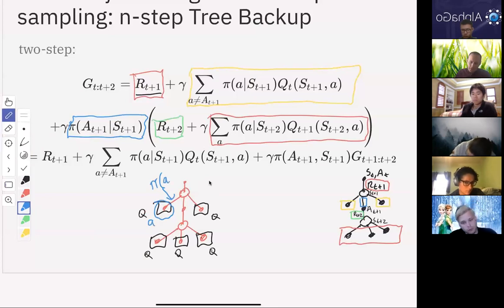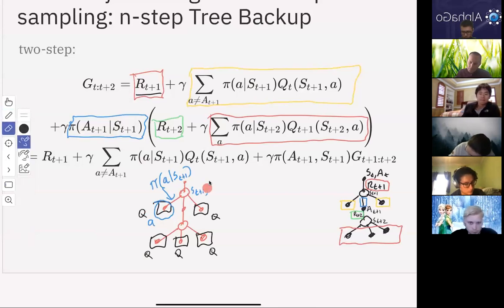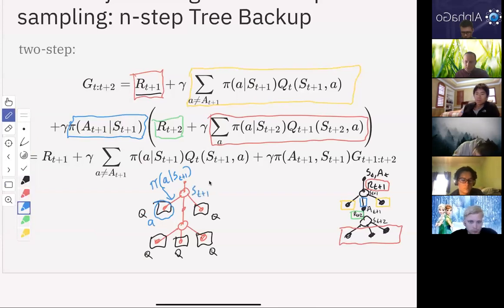So it's the probability of a given S_{t+1}, assuming that's S_{t+1}. So it's the probability of having taken this branch. That's what we multiply this leftmost, topmost node by.